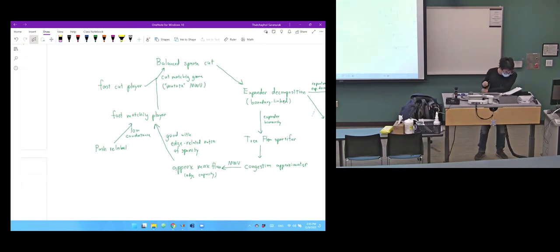But from push relabel, we actually saw that it's good for many things, right? So you can get slow exact max flow as well.